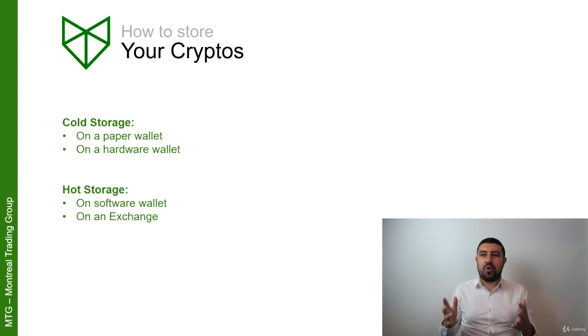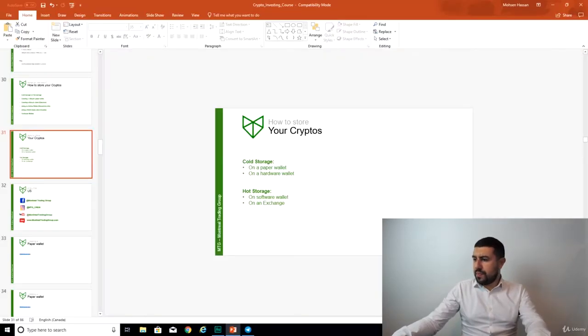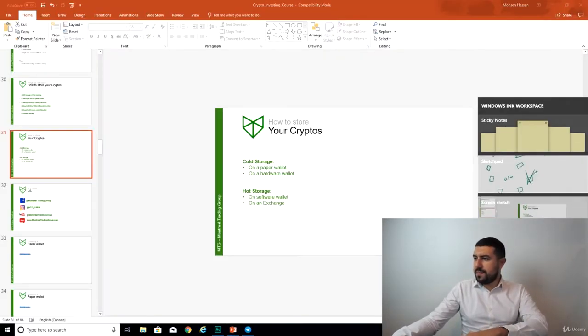So how do we store our cryptocurrencies? The way you can own cryptocurrencies or transact with them is you have to own a wallet. What a wallet is, is basically just a private and public key. The same private and public keys we looked at earlier are exactly your wallet.